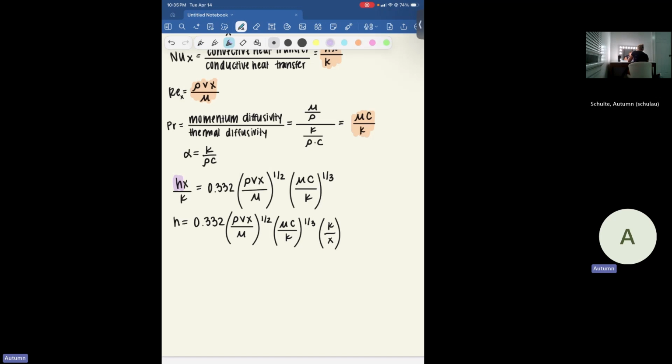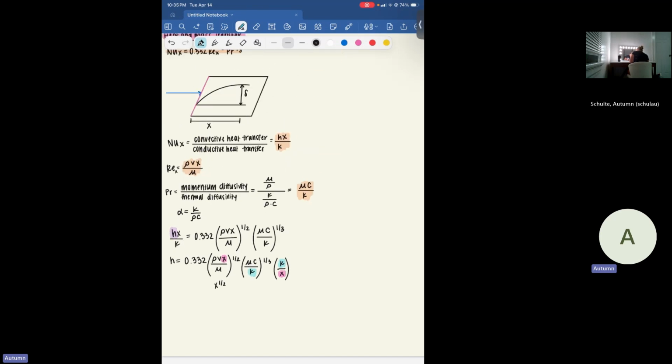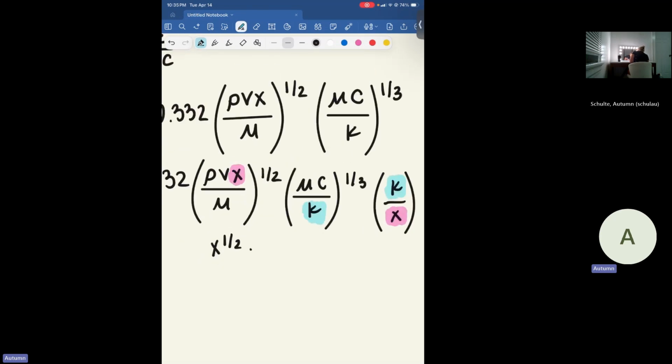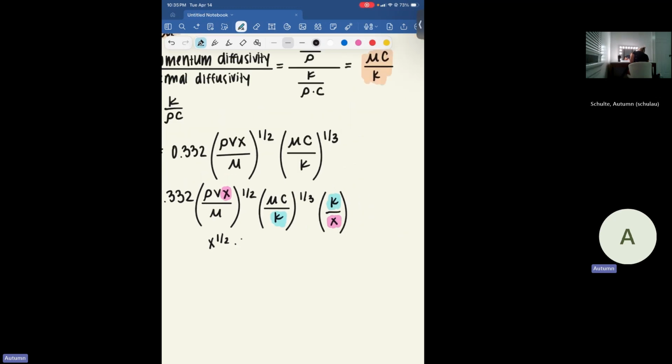Now we can see that in this equation, we have multiple Ks and multiple X's. So let's start expanding on our exponents. So over on the left, we have an x to the 1/2 power. This is multiplied by our term on the right, which is x to the -1 power.